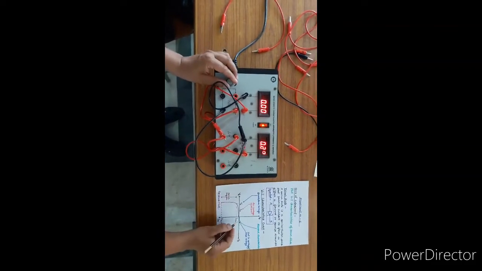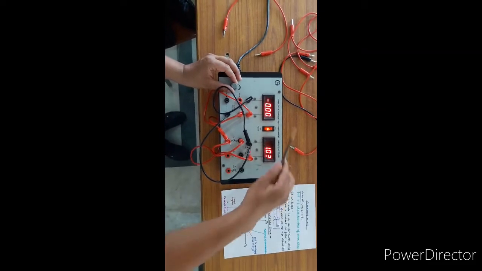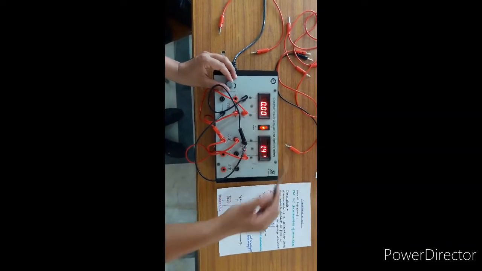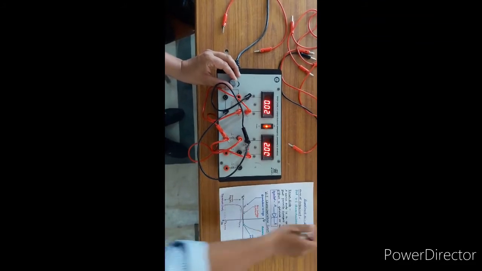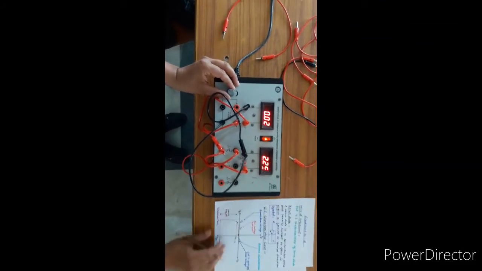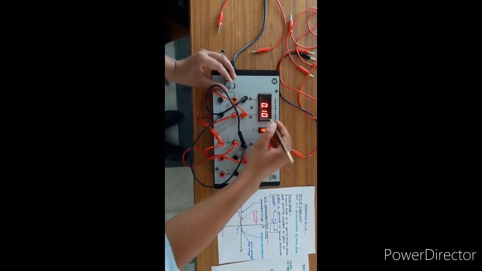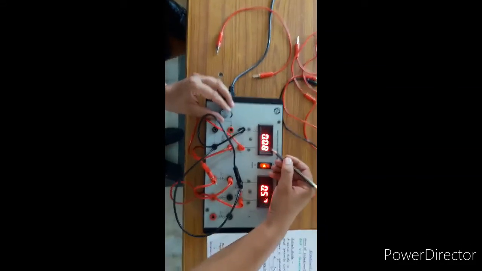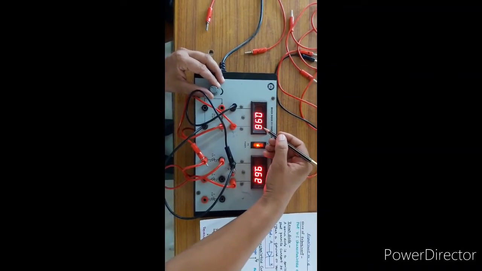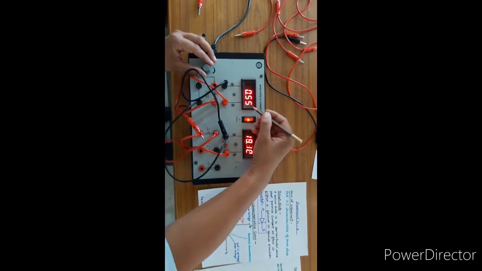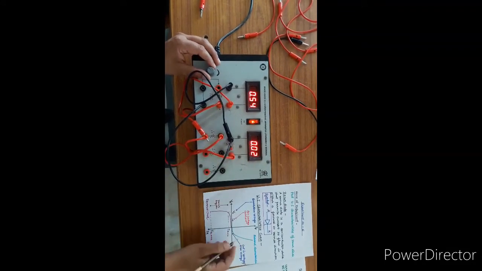So first of all, we start increasing the forward voltage, and you can observe the readings from these two meters. Approximately 0.7 volt, it will start conducting because this is a silicon diode.